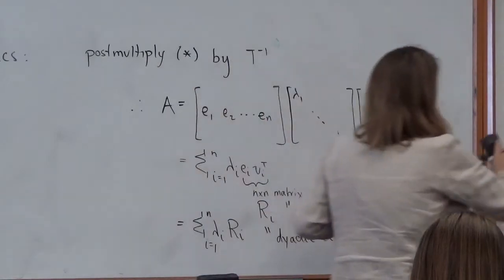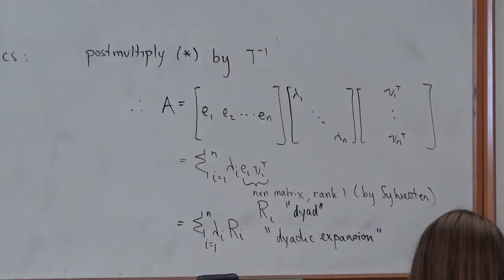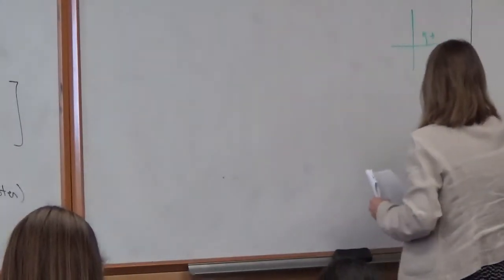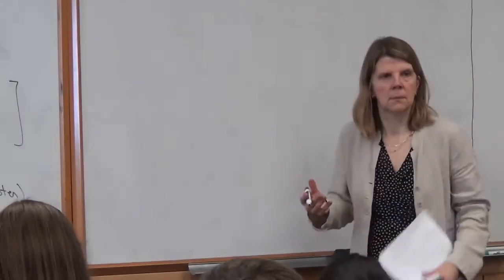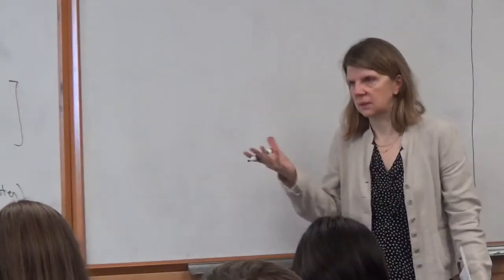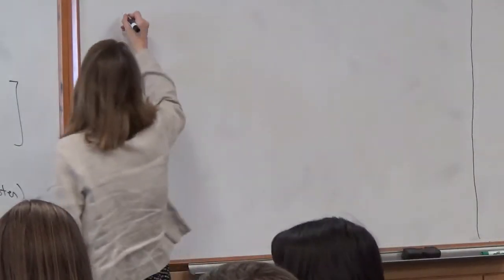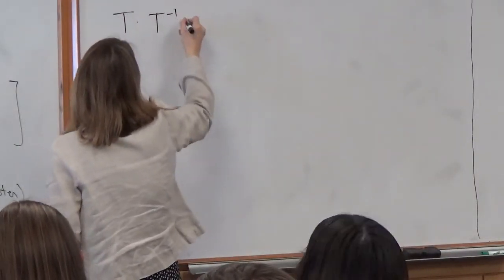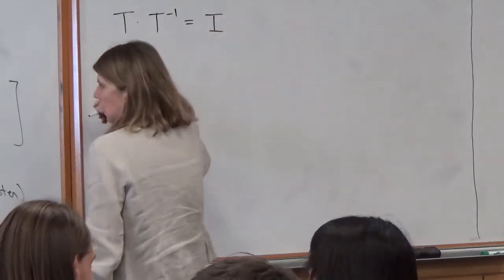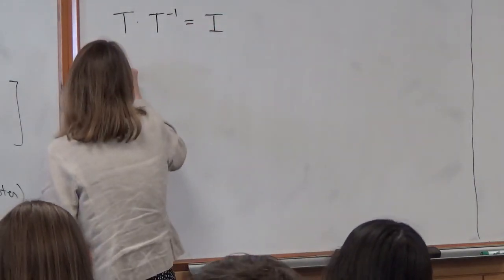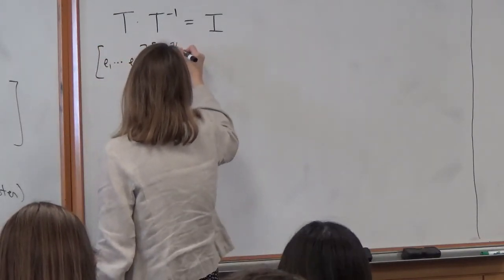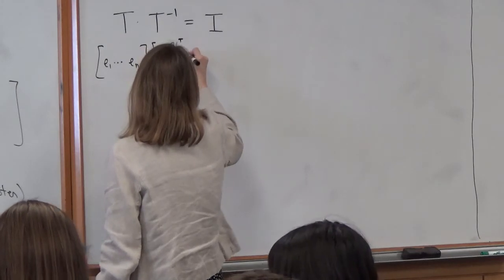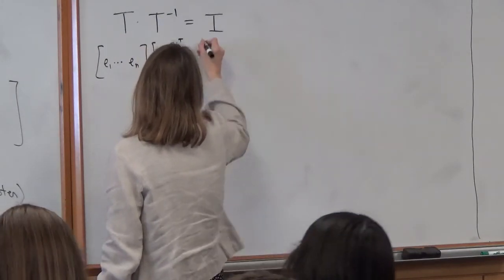If we didn't have that diagonal matrix in there, and we just looked at our matrix T times our matrix T inverse, what's T times T inverse? The identity, right? So we know that T times T inverse is equal to the identity. But in our case, that's the column matrix E1, E2 up to En times the matrix represented in terms of its rows, mu1, mu2 up to mu n transpose.